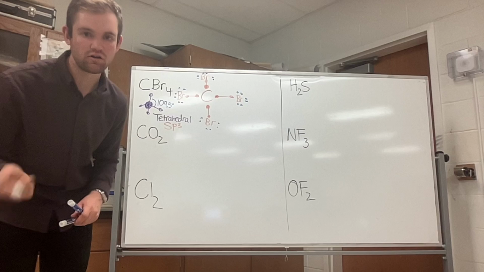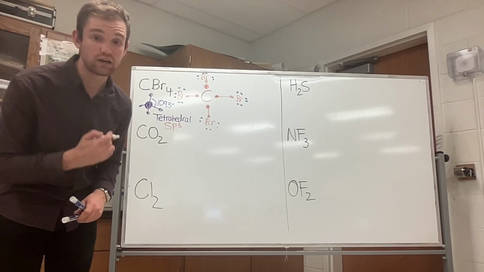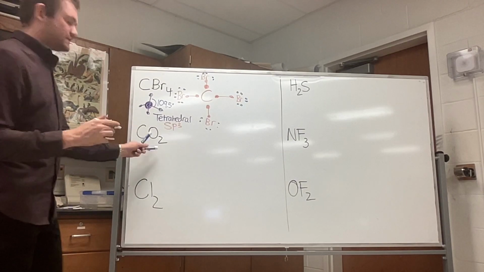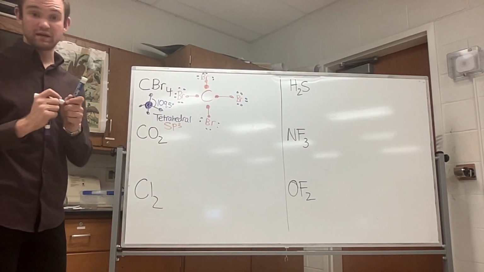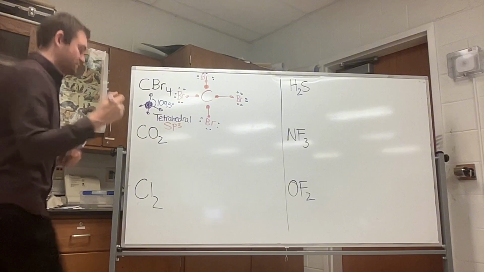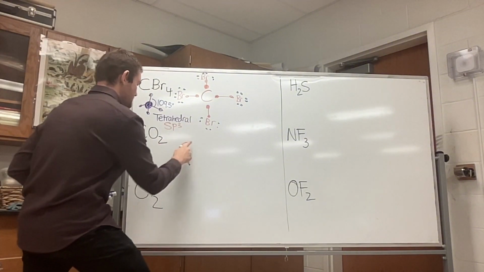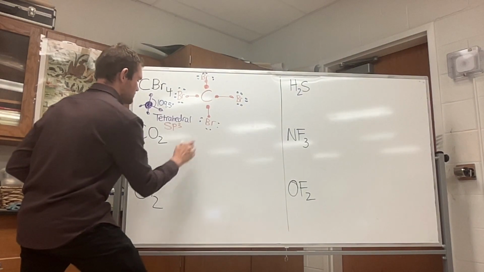We're going to get a little harder now, so we're going to go to CO2 next. CO2 is going to have the carbon in the middle, so let's start there. Carbon is going to go in the middle. And what we're going to do is put oxygen one on each side.